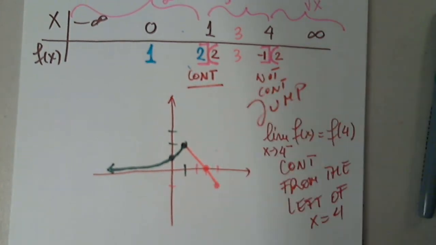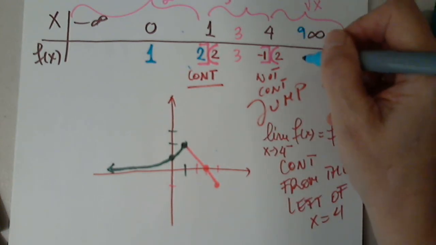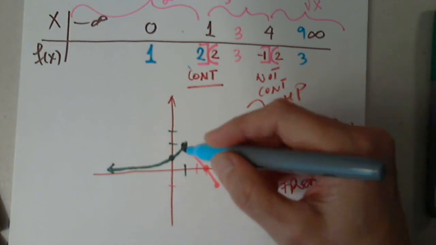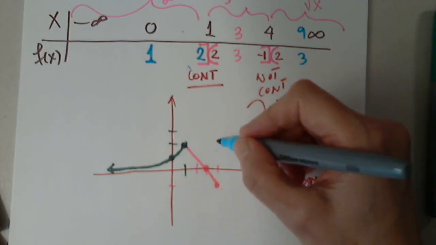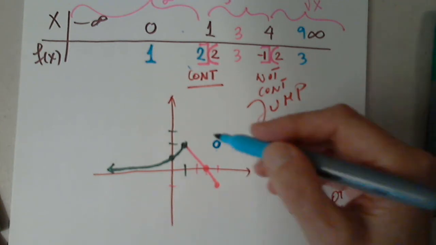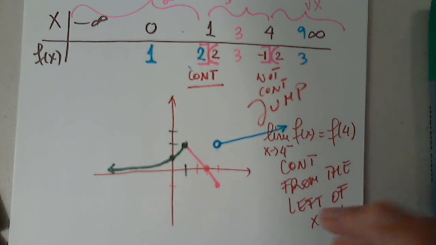So this is the middle portion of the graph. Finally, 4 comma 2. Oh, I should have put in also 9 here. I need another point. So 4 comma 2, right here. It's an open point. And then 9 comma 3, somewhere here. So forgive me, I didn't plan ahead.